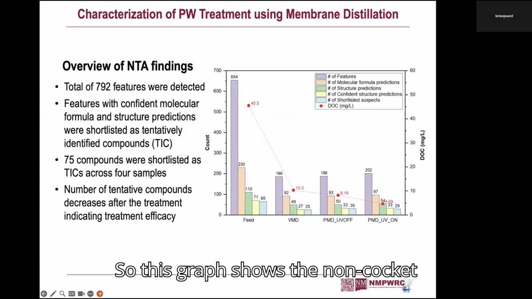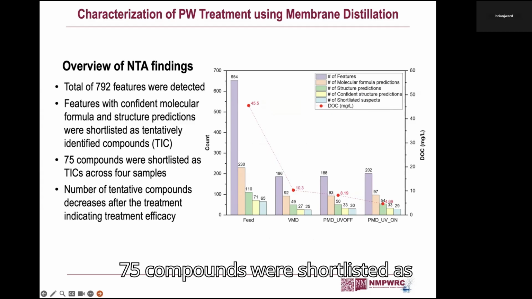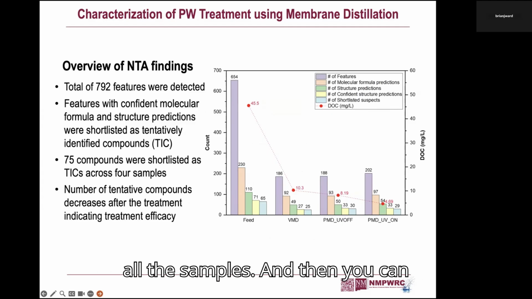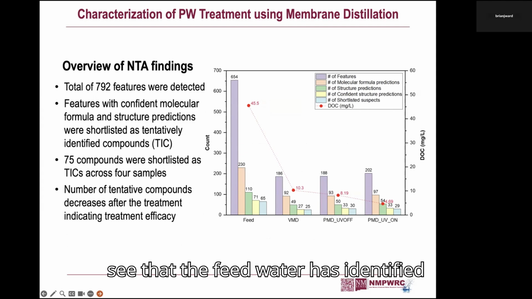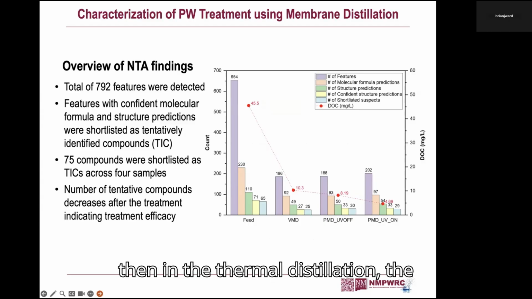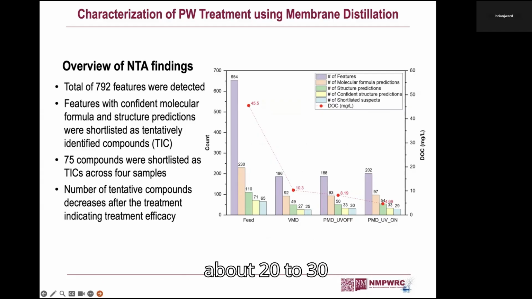So this graph shows the non-target analysis results. In total, we identified 790 features, and 75 compounds were shortlisted as tentatively identified compounds across all the samples. You can see that the feed water has about 65 identified compounds, and in the thermal distillation, the identified compounds were reduced to about 20 to 30.